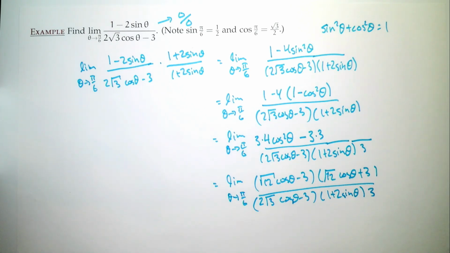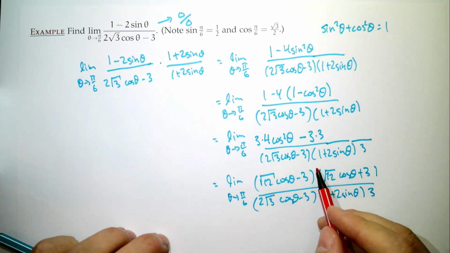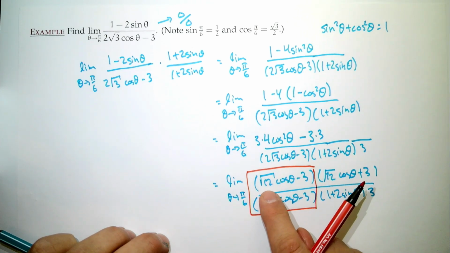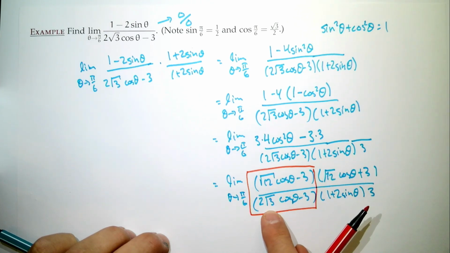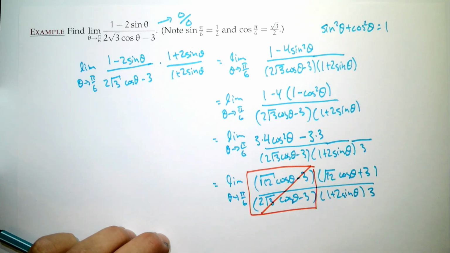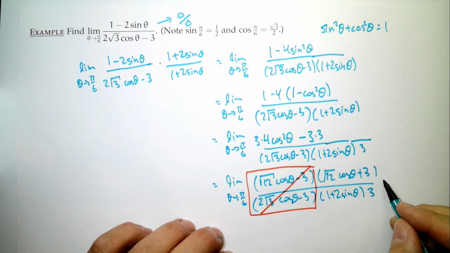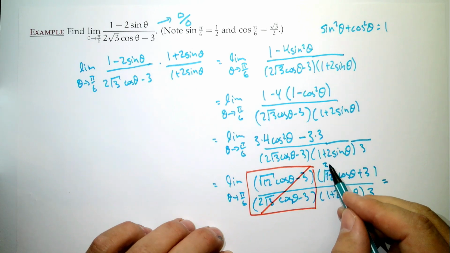Now, what would we like to be true? What we'd like to be true is to have something cancel. It turns out that square root of 12 is 2 square root of 3. That cancels off. So oftentimes when you have a 0 over 0, the real goal is let's cancel some zeros. We just canceled some zeros. Now we plug in pi over 6, cross our fingers, and nice things happen to us because we're good people.